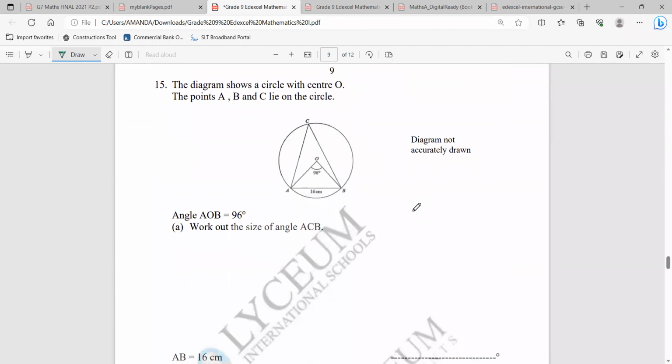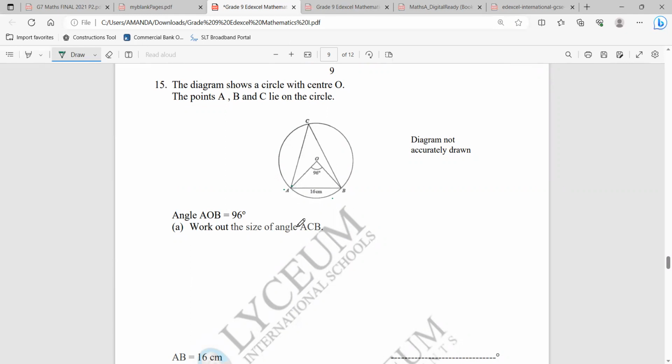The diagram shows a circle with center O. The points A, B, C lie on the circle. Angle AOB is 96. Work out the size of angle ACB. That's very simple.